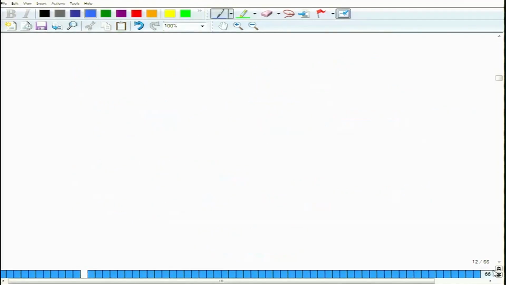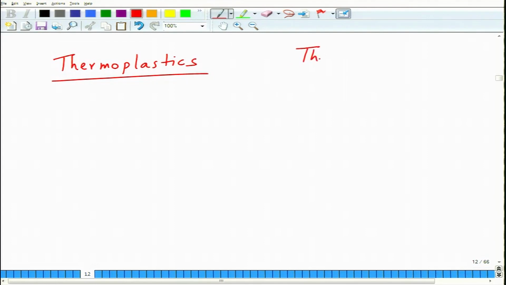Let me now define polymers. These polymers are typically characterized into categories: the first category is known as thermoplastics, and the second category is known as thermosets.